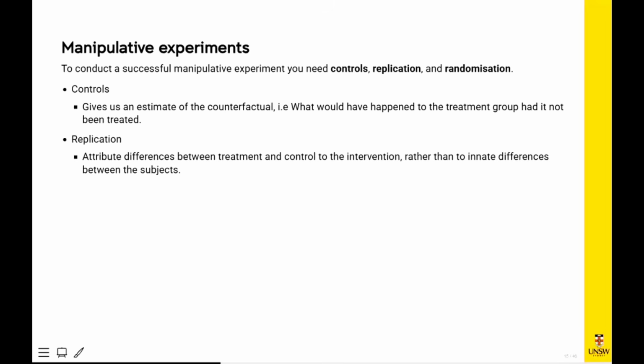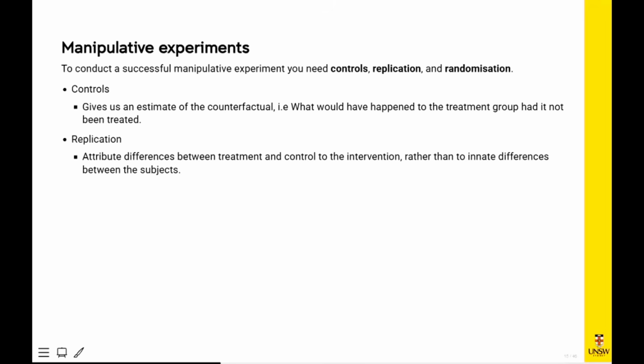Replication. Replication here in the study design context, we're not talking about replicating previous test results or previous study results. We're talking about replication in your data. When I say replication, I mean we need multiple observations of the thing that you're trying to study.